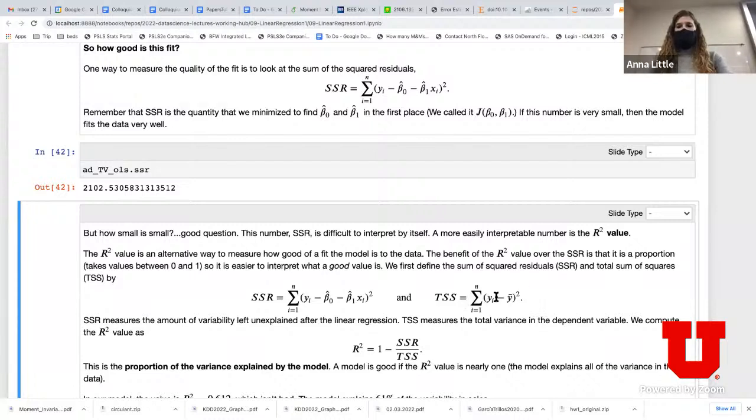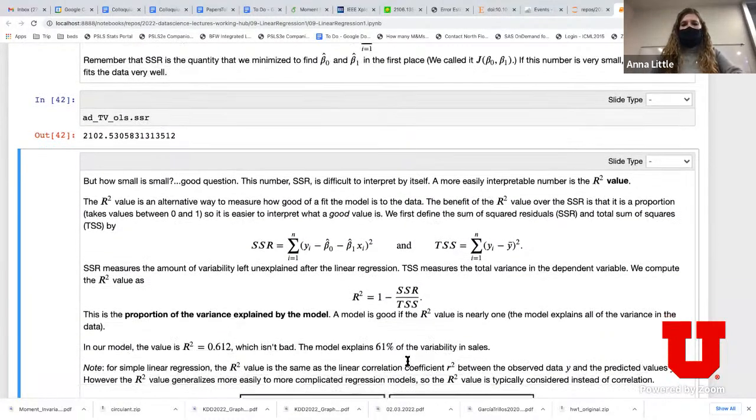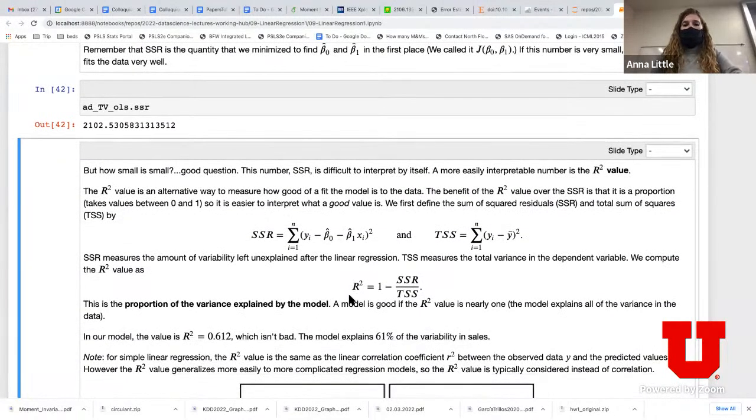On the other hand, if we just computed the total sum of squares, which is the variance of the response Y, that would be the total variation of Y. So we can define R² to be 1 minus the sum of squared residuals over the total sum of squares.